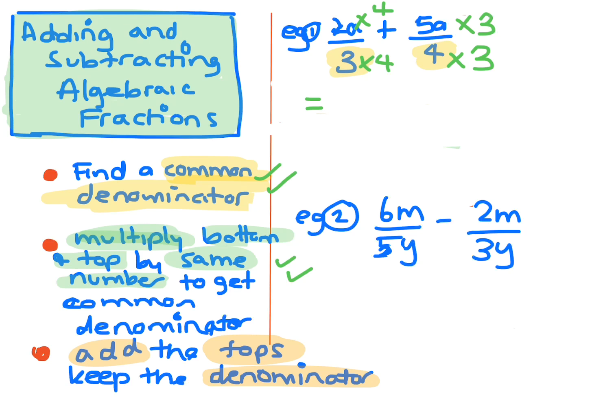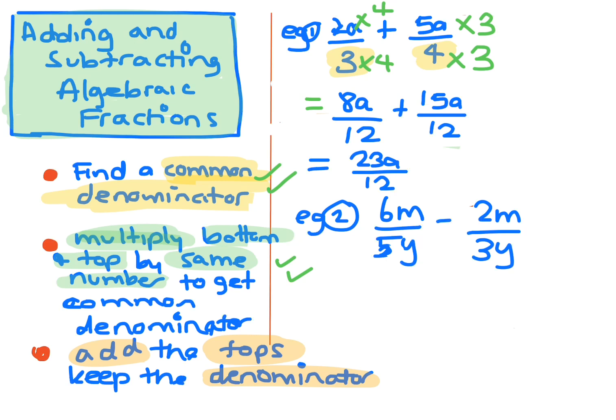So then when you add these up, let's do the top first. 2a times 4, so 2 times 4 is 8, so that will be 8a. 3 times 4 is 12. 5 times 3 is 15, so that'll be 15a. 4 times 3 is 12. 8a plus 15a is 23a.